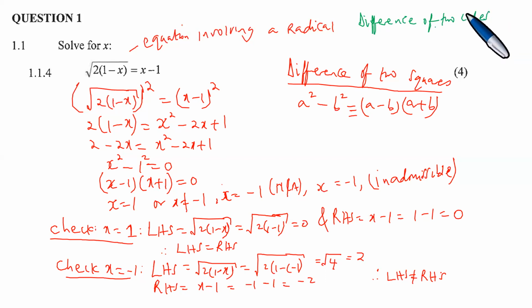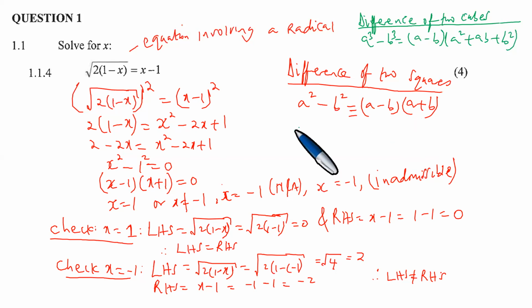What is the difference of two cubes? We have a cubed minus b cubed. You cover the cubes, you have a minus b. You square the a, it becomes a squared plus ab plus b squared. And this is the result.